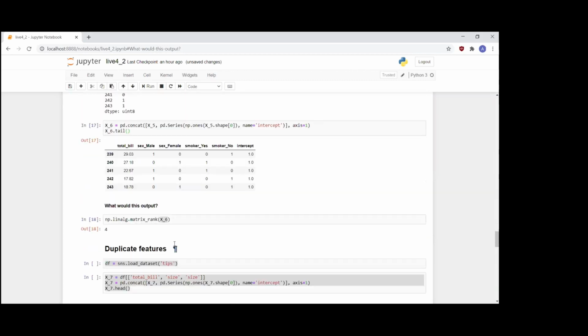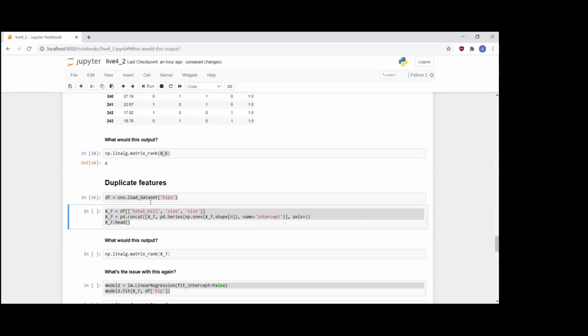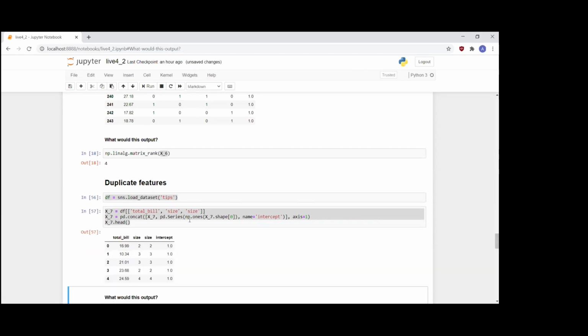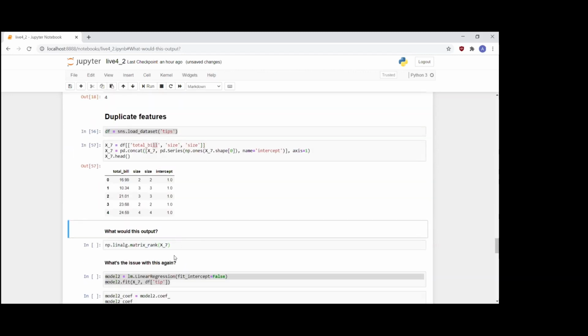Okay, let's get on with duplicate features. Suppose I have a model with just total bill and size, but I include the size feature twice, and I have an intercept term as usual. So what would be the rank of this matrix? There are 4 columns here, but the size appears twice.